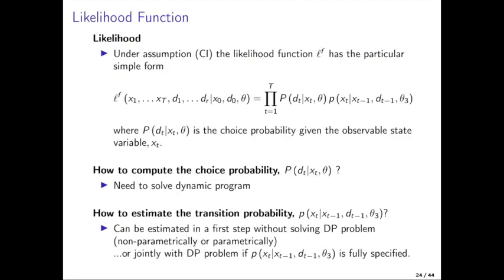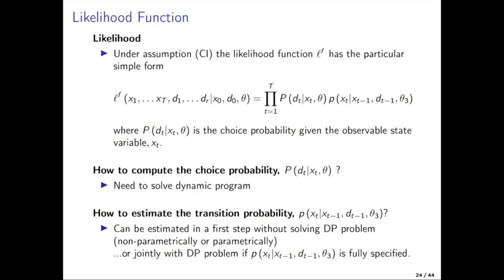Okay, so we estimate this model with maximum likelihood. In order to estimate the model with maximum likelihood, we need a likelihood function. Now, we talked about the assumptions in the previous lecture. One of them was that the error terms, the epsilons in the model, are conditionally independent of the explanatory variables.